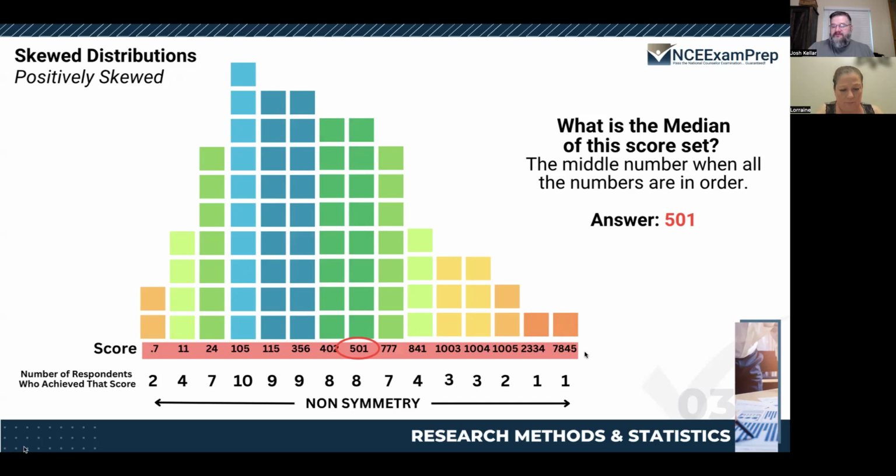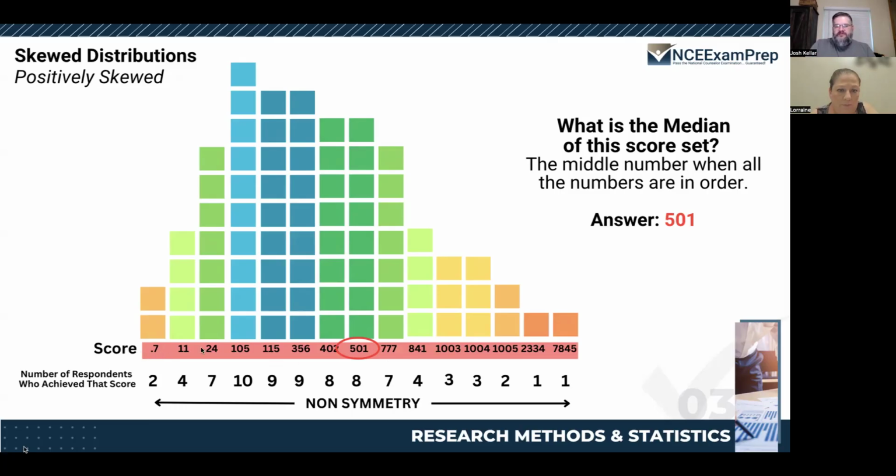Hopefully, you're not going to be given a list of numbers that's crazy long, but to eyeball it, like I said earlier, we have to start with the first and the last, and then incrementally move in to the very middle. The other way we could do it is count how many total scores we have.